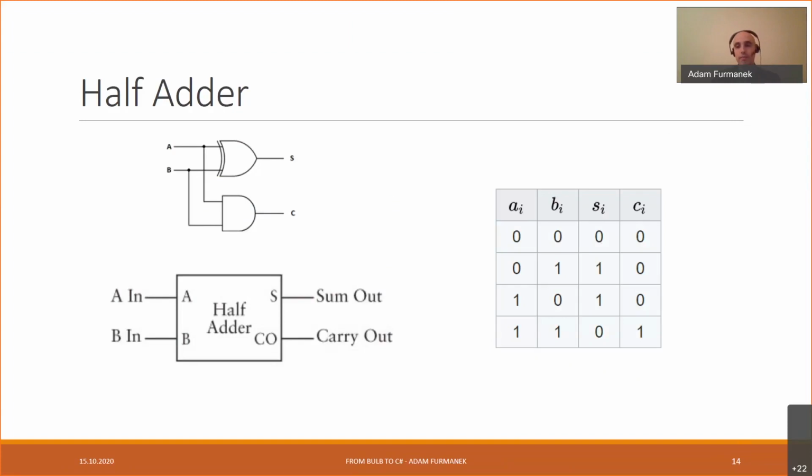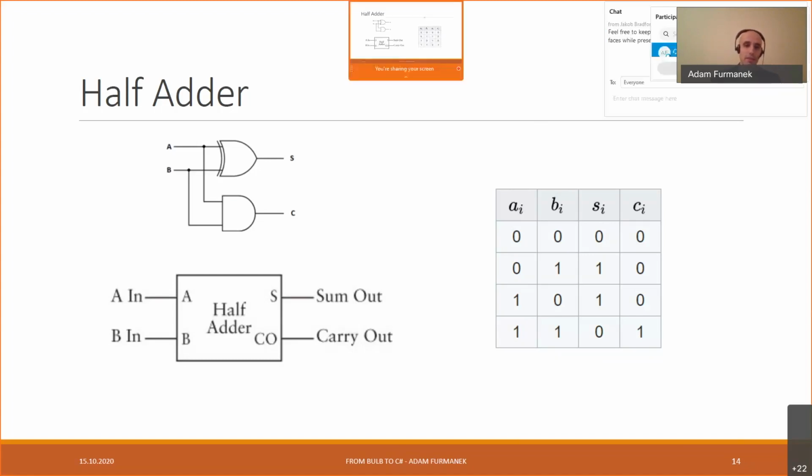We can do the same on a binary level. The first thing we need to build is the so-called half adder, which will just add the two digits and then emit both the sum of these digits and the carry.